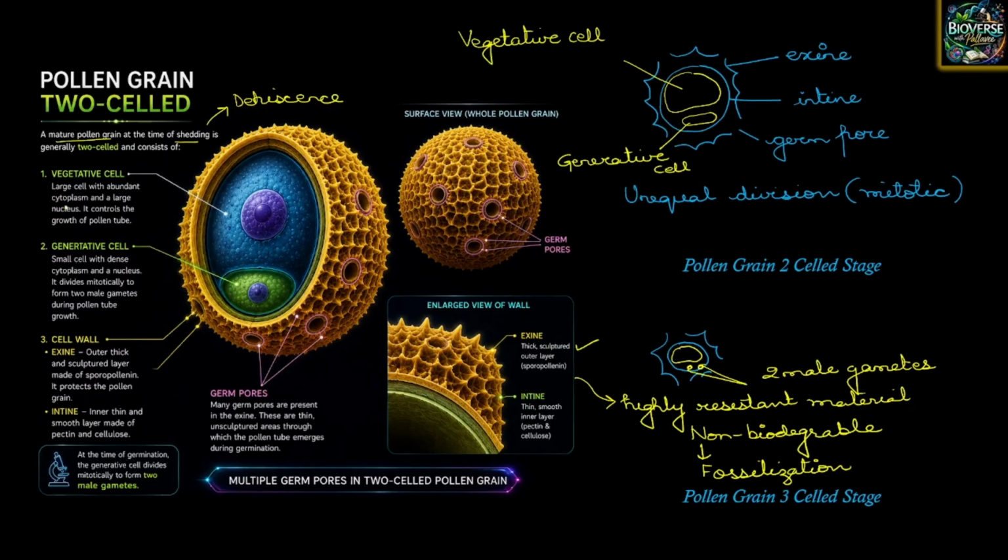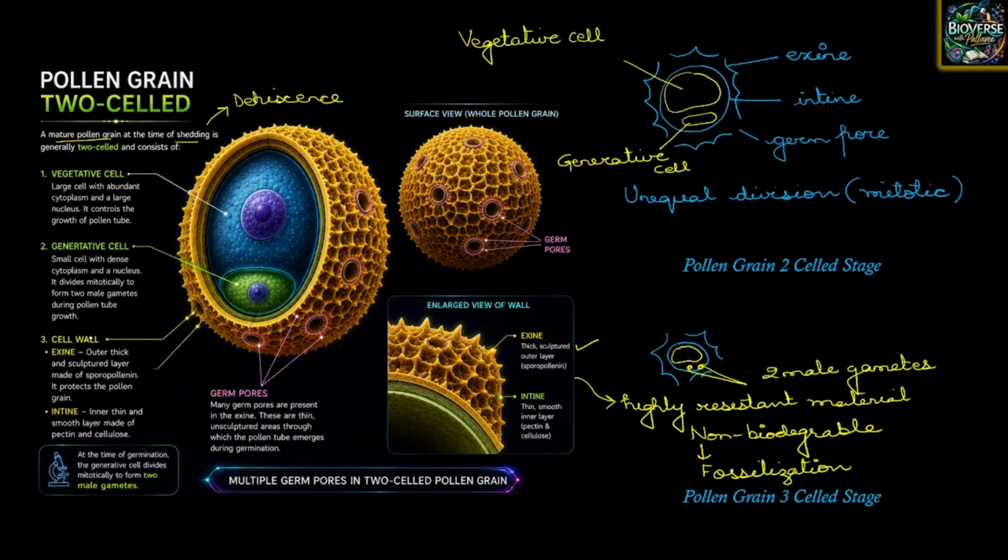So the vegetative cell is a large cell with abundant cytoplasm and a large nucleus. It controls the growth of the pollen tube. The generative cell is a small cell with dense cytoplasm and a nucleus. It divides mitotically to form two male gametes during the pollen tube growth.